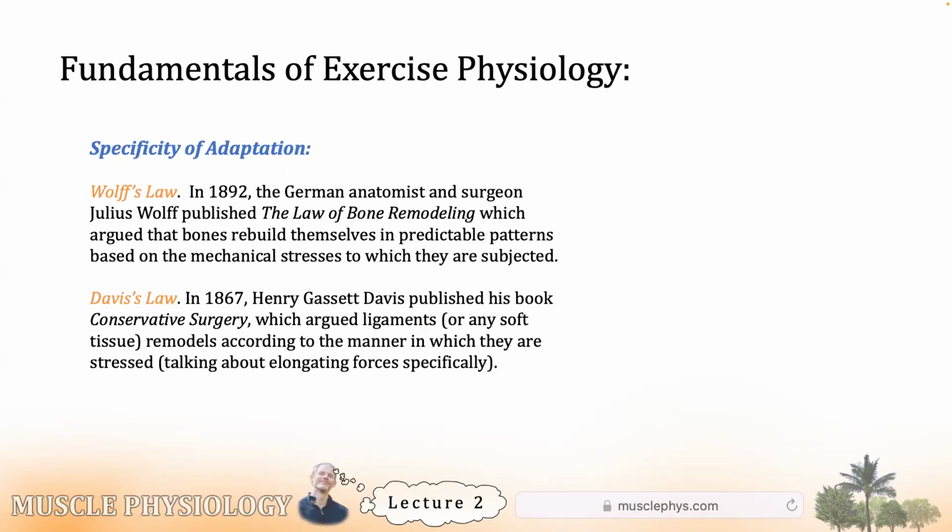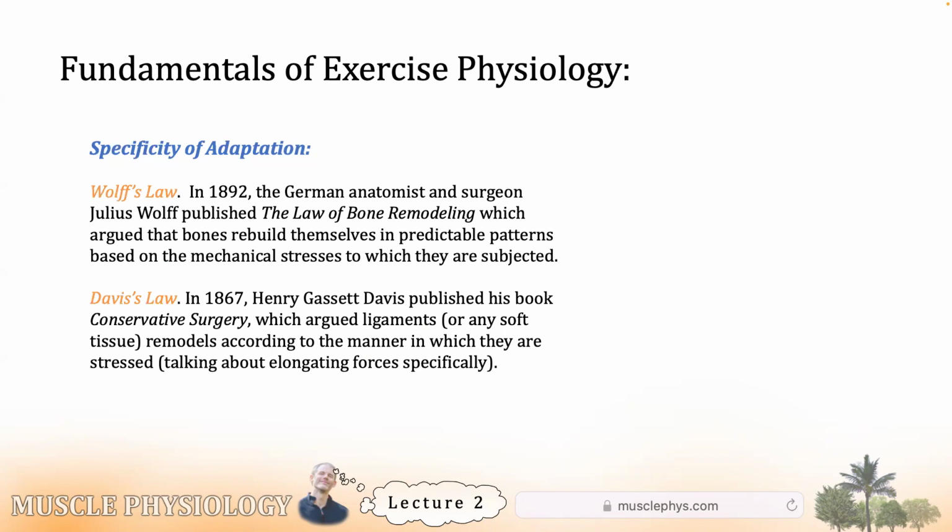Now, this is another principle that we're going to cover in detail in coming lectures. And we'll add some other names to the roster of historical figures, Edward Adolph and stuff. But today, we'll be inducting two names into the Hall of Fame for specificity of adaptation, a major principle that's critical to our field.